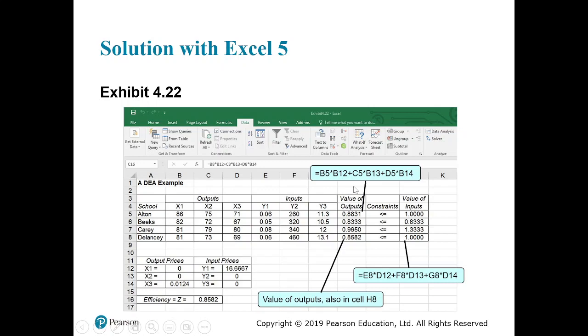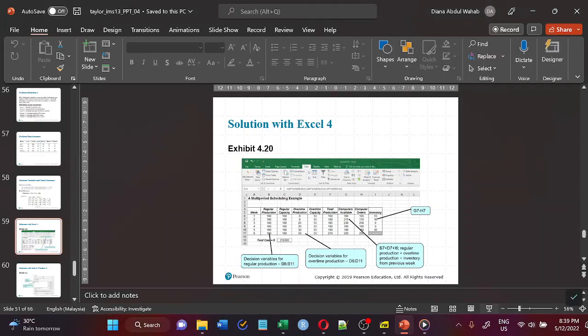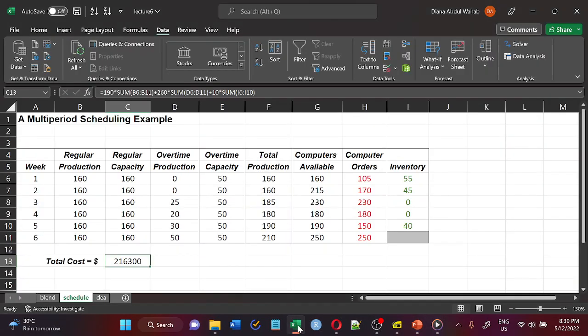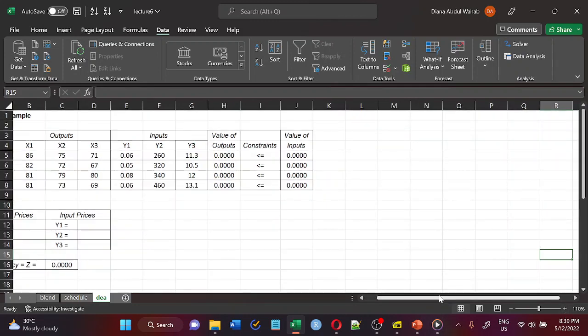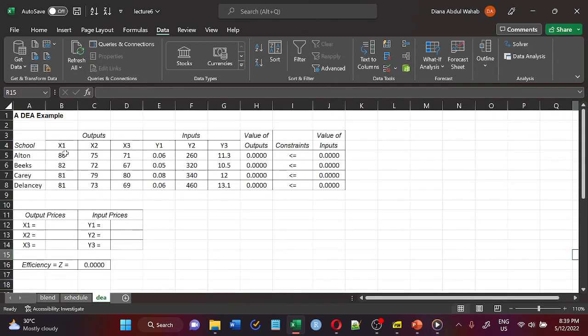Now let's try to solve this using Microsoft Excel. In Microsoft Excel, I've already put all the inputs and all the outputs. So these are all the outputs for all the 4 schools, and these are all the inputs for all the 4 schools.